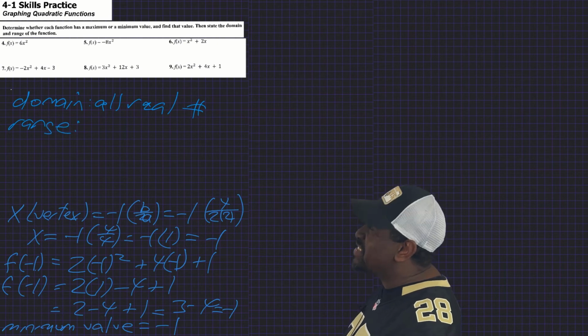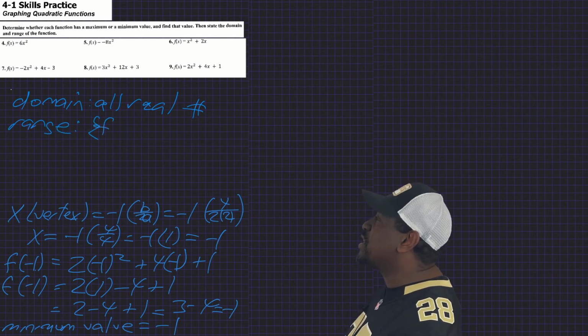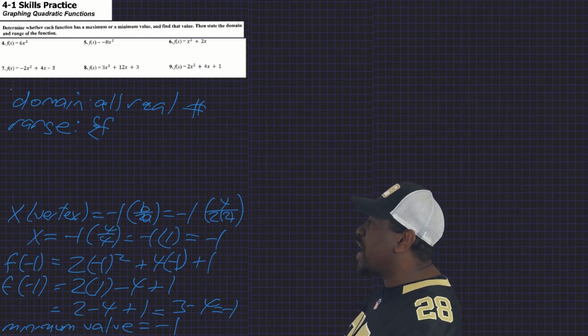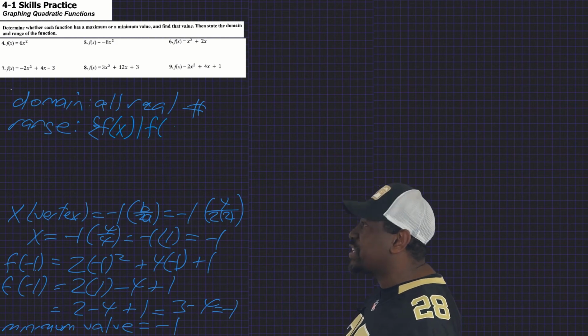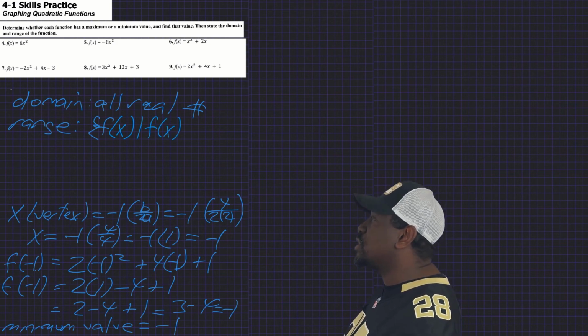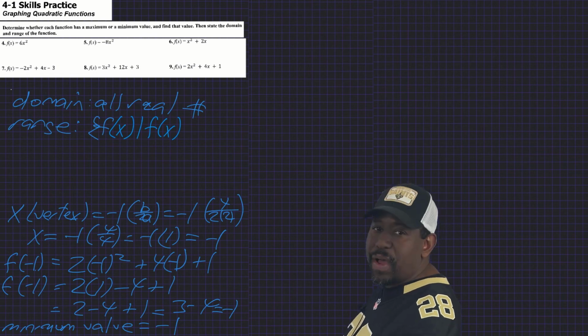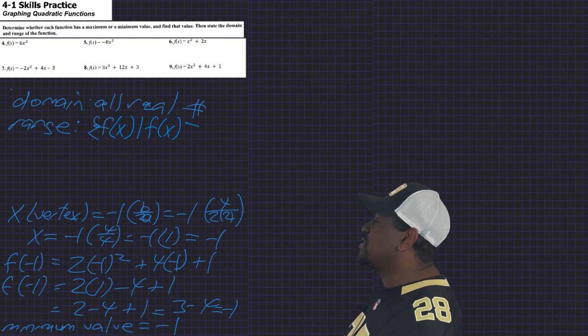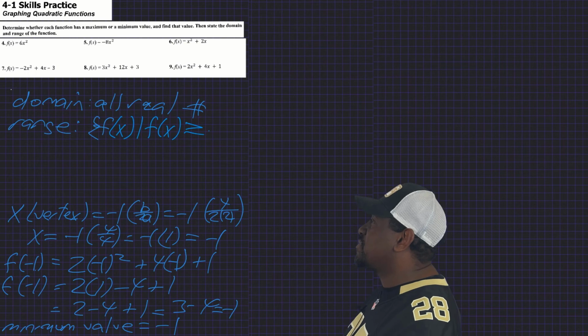The E looks kind of jacked up there, but we've got to work on the handwriting. And for the range, since our minimum value is negative 1, and we know it opens up, we know it's f of x greater than or equal to negative 1, which should pop up any second. There we go.